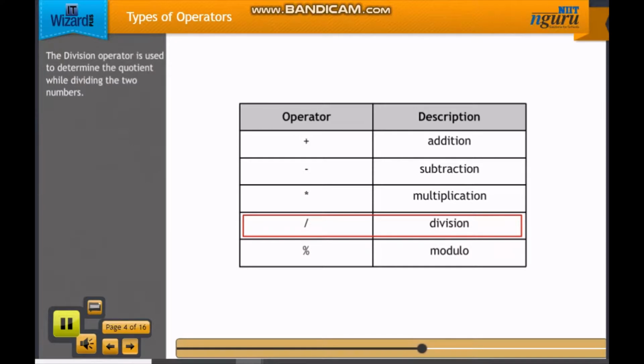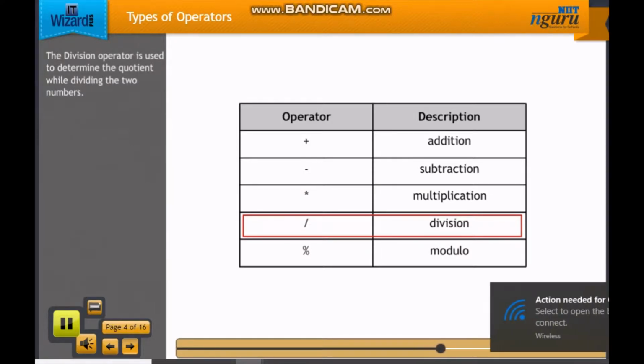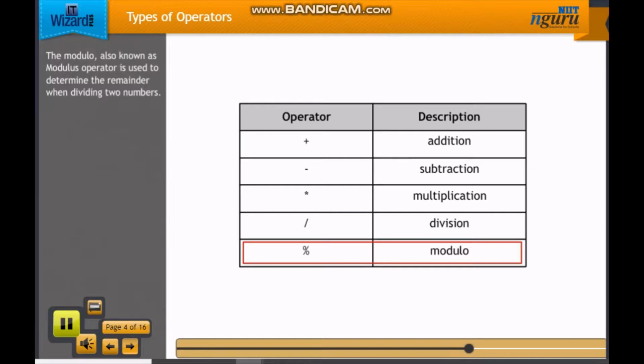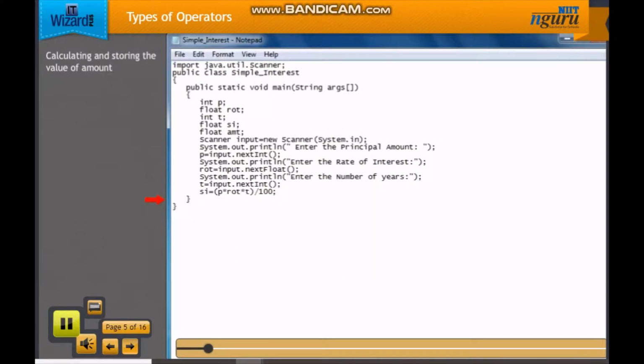The division operator is used to determine the quotient while dividing two numbers. The modulo, also known as modulus operator, gives the remainder. Add the displayed line of code to calculate the amount and store the resultant value in the variable AMT.